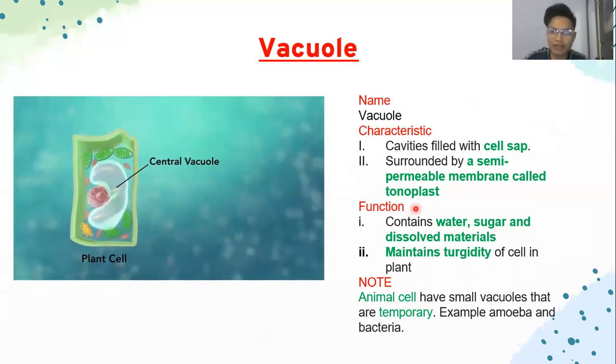The function is that it contains water, sugar, and dissolved materials. It maintains rigidity of the cell in plants. You can see here the big one. This is the central vacuole in plant cells, while animal cells have small vacuoles that are temporary. So it's only temporary, for example in amoeba and bacteria.